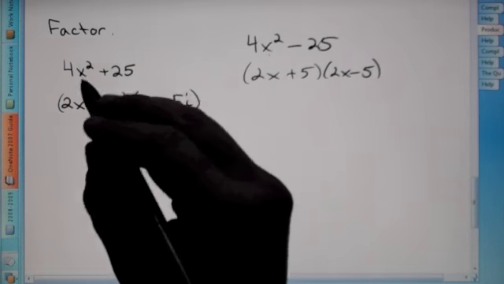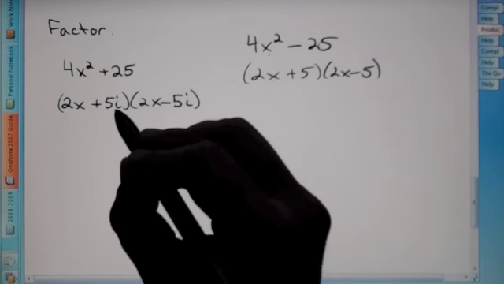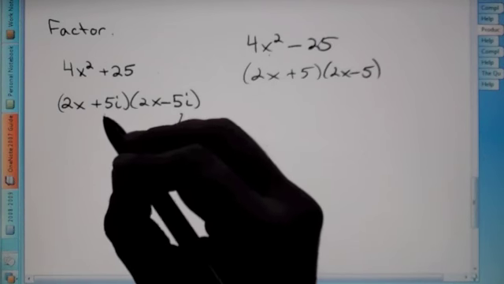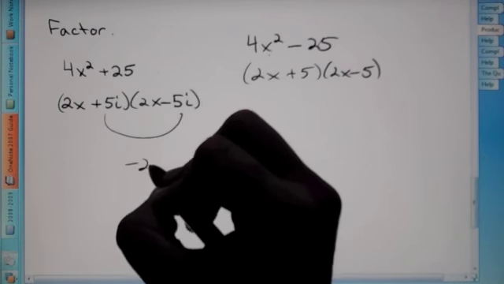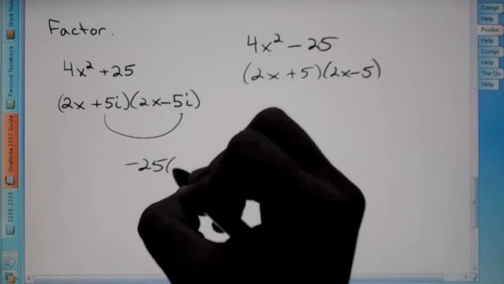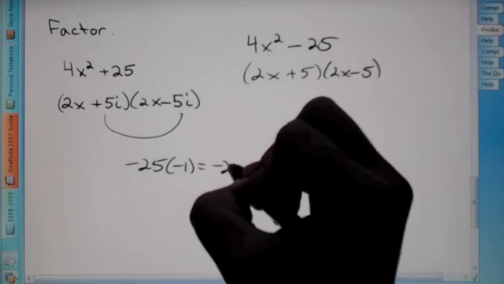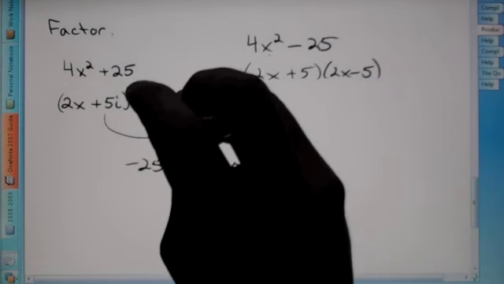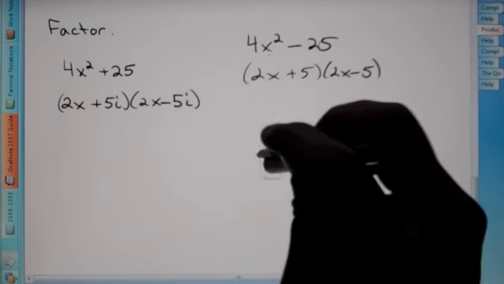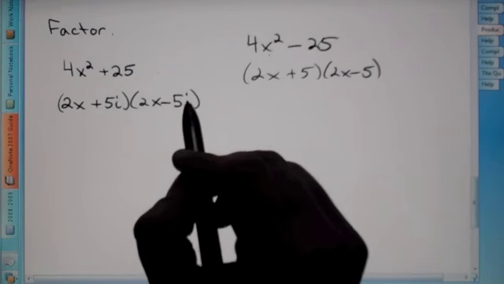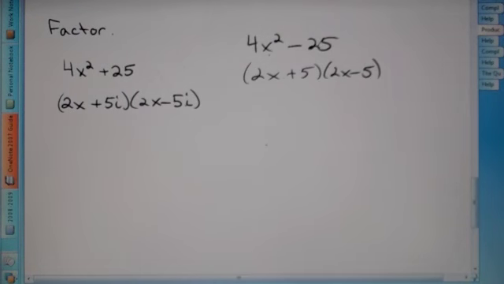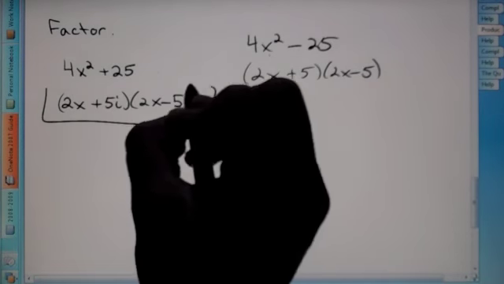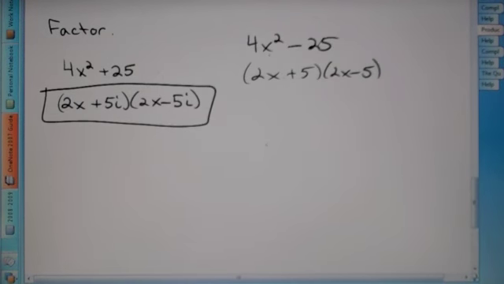But the way we get a plus 25 is if we have I here, because 5 times negative 5 is negative 25, I times I is negative 1. And that's how we got positive 25 right here. So again, you're going to break it up just like you have in the past. It's just now, if there's a plus in between, we know to put I behind those numbers. Okay, so this would be our final answer if we're just trying to factor.